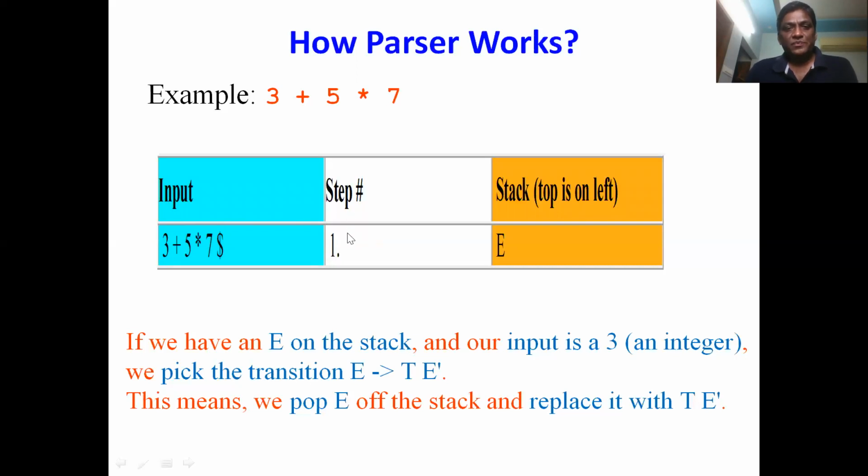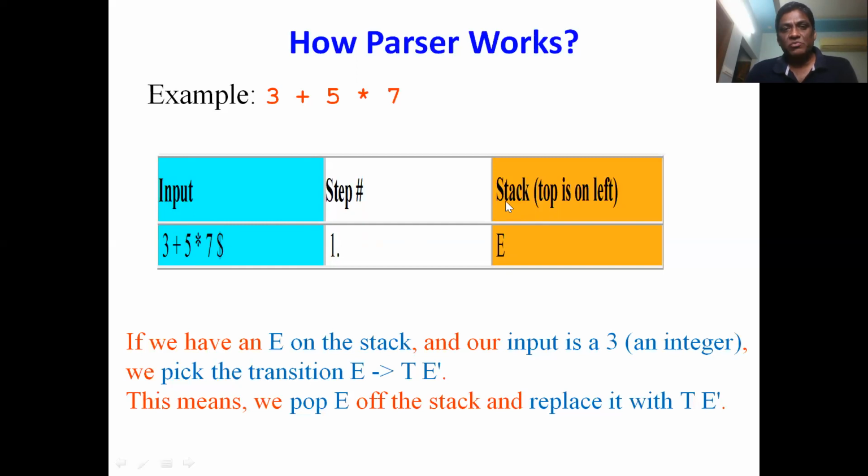In step 1, the input is 3, the first symbol, because the scanning is done from left to right. So it selects the first symbol 3, that is integer 3.